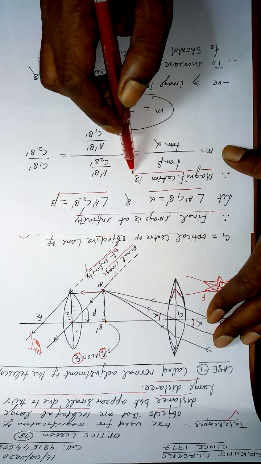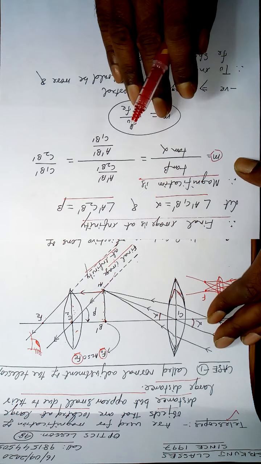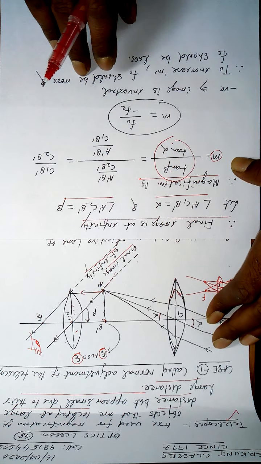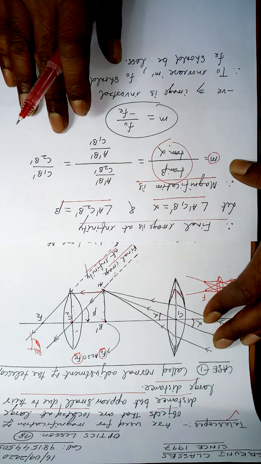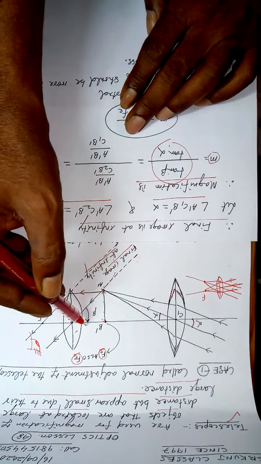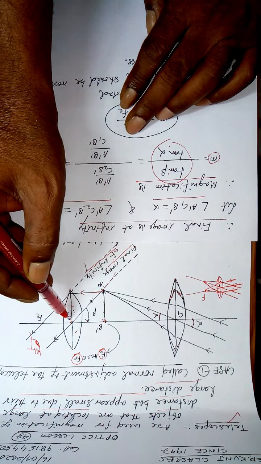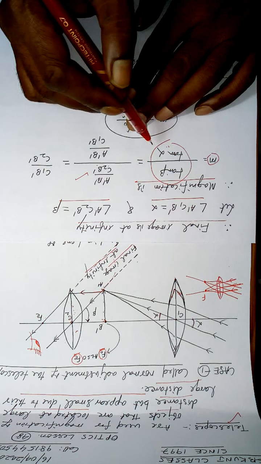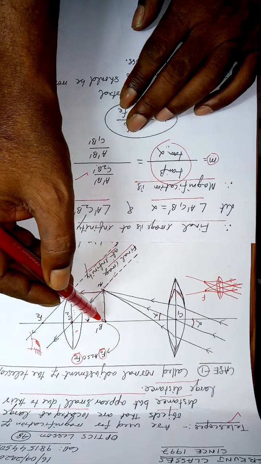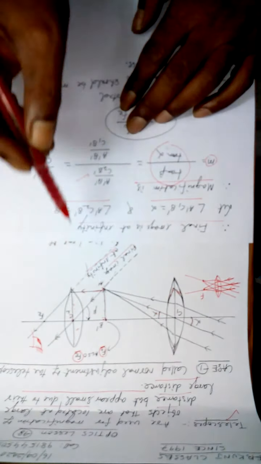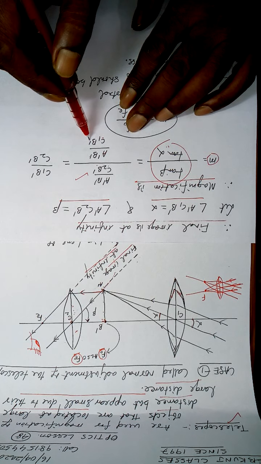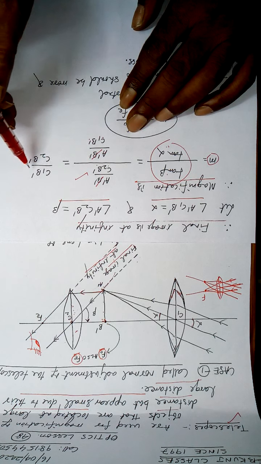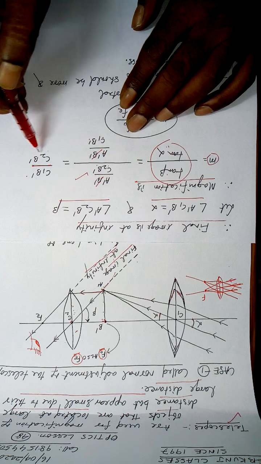Now the magnification M is equal to tan beta by tan alpha, which was explained earlier in simple microscope and compound microscope. Tan beta is A dash B dash over C2 B dash. Tan alpha is A dash B dash over C1 B dash. Now A dash B dash cancels, and we get C1 B dash over C2 B dash.